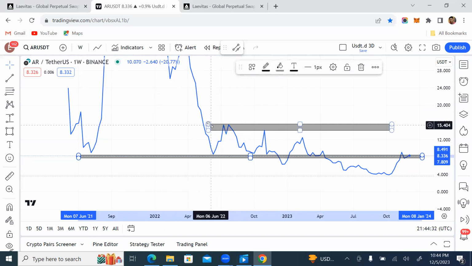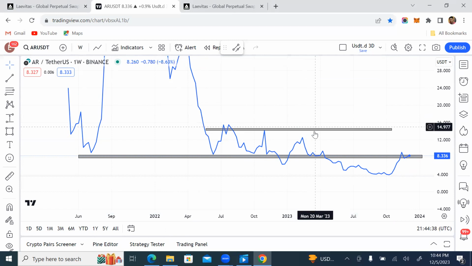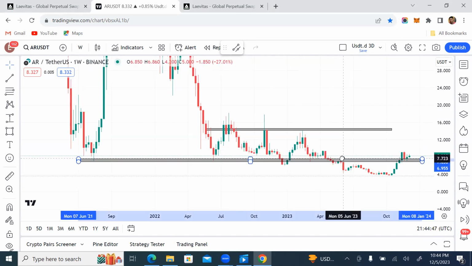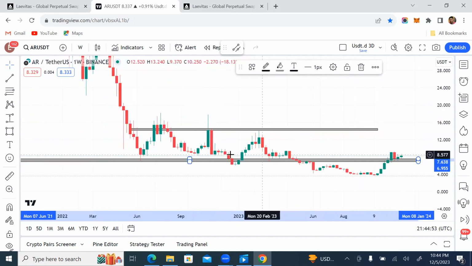So we've had our key levels, and I'm just going to take this back to candlestick chart. So this is perfect. Key levels right here.